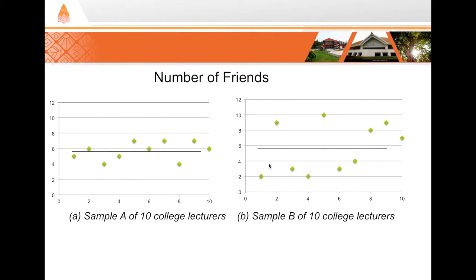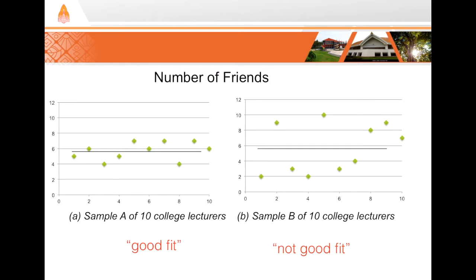However, that mean really isn't a very good model because nobody has 5 or 6 friends. In fact, most of them have much more or much less. So how well our statistical model describes the phenomenon and how closely it matches reality is called the model's fit. Sample A's model has a pretty good fit. Sample B's model doesn't have a good fit.